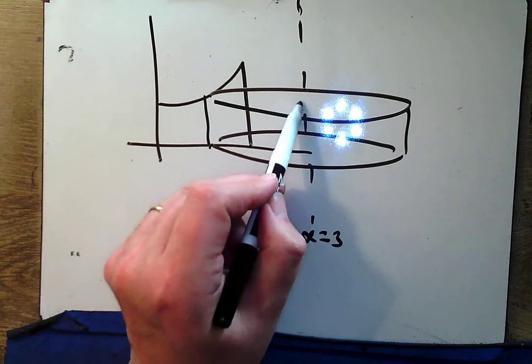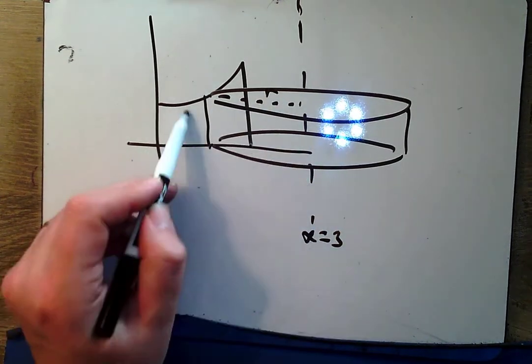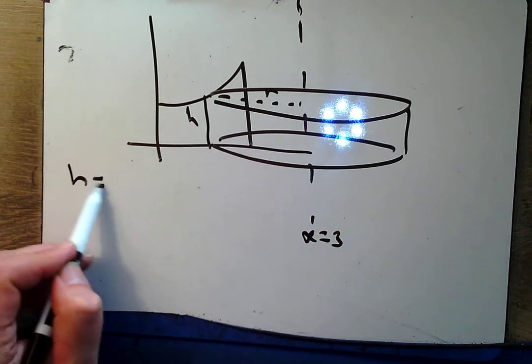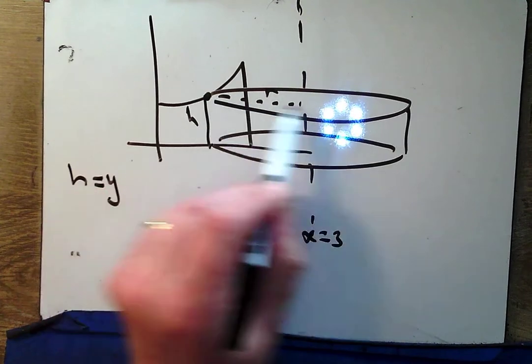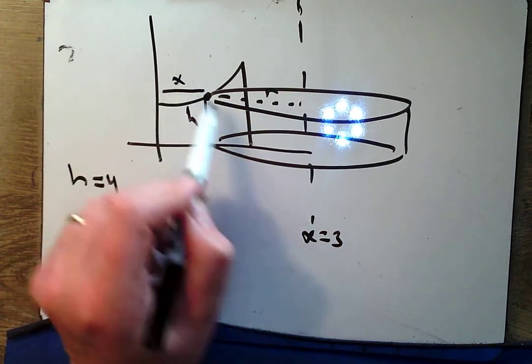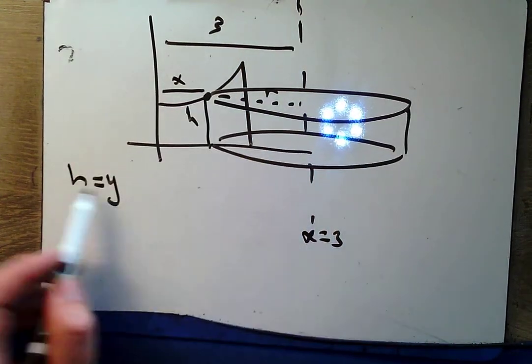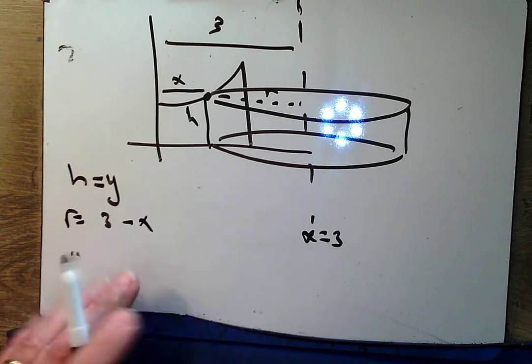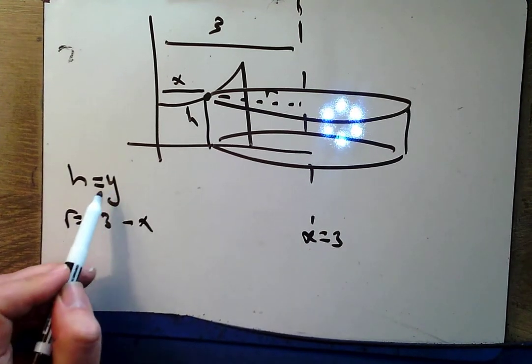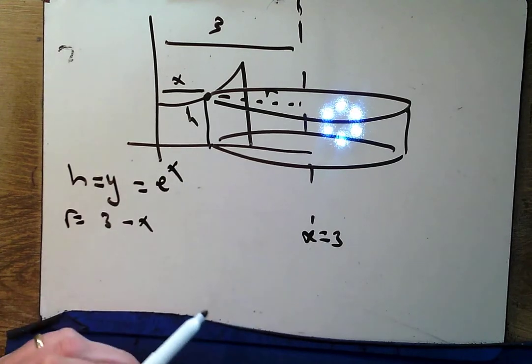So it looks like this is my radius, and this is my height. It looks like my height is my y value. Radius isn't x. This is x. This is 3. So radius is 3 minus x. We know that y is e to the x.